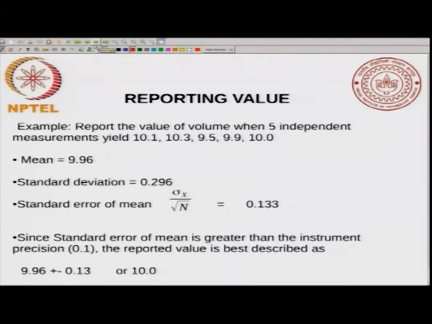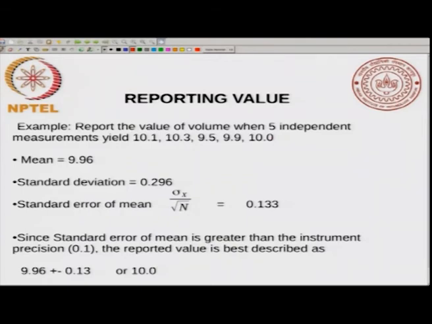Suppose you are asked to report the volume when you make 5 independent measurements that yield the following numbers: 10.1, 10.3, 9.5, 9.9 and 10. These might be volumes in milliliters.